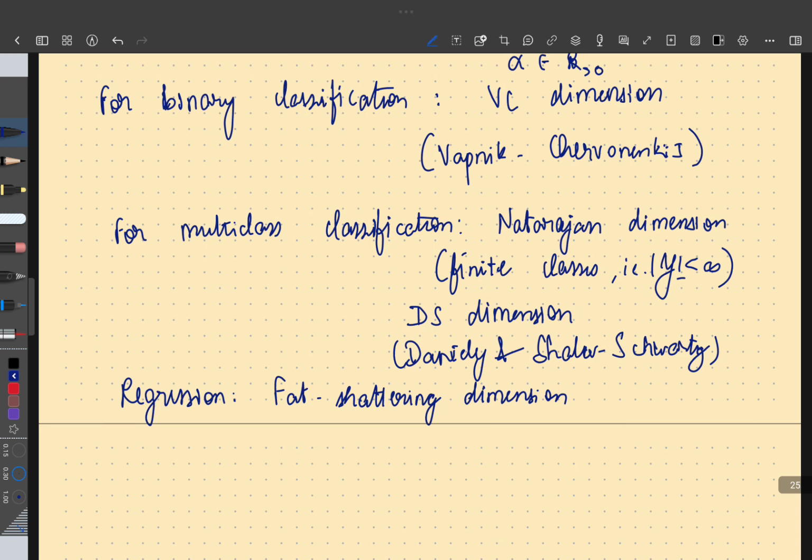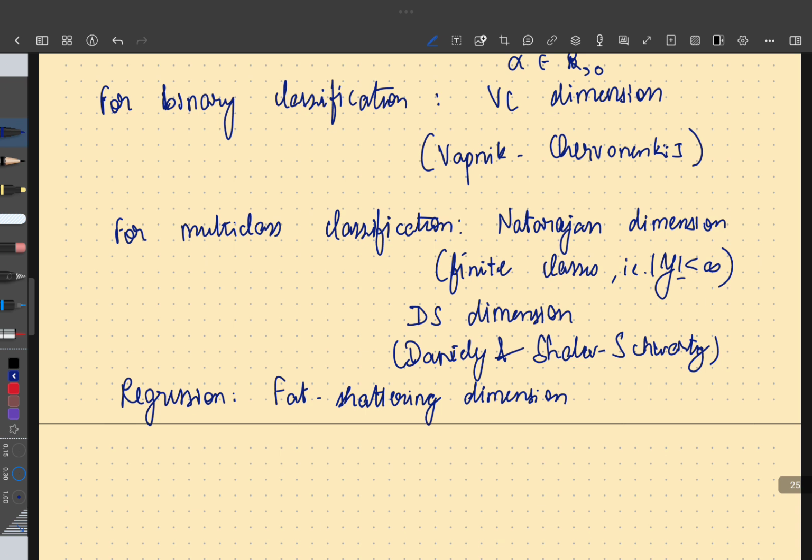Now, for all of these cases, it turns out that there's a more general measure of complexity, which is not combinatorial in nature, but which actually characterizes learnability. Something called the Rademacher complexity, and this Rademacher complexity is good enough. It upper bounds the sample complexity in all of these cases, the finite class classification case, the infinite class classification case, and so on.